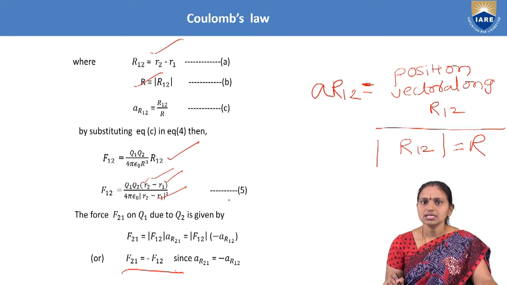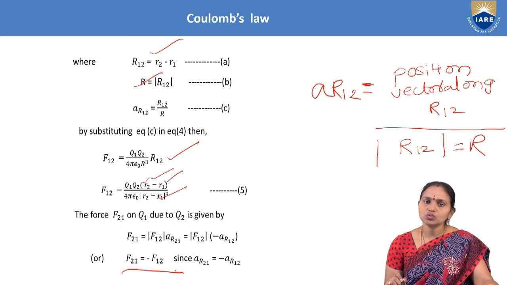In the suffix, the second number represents the destination charge, and the first number represents the source charge. F21 represents the force on charge 1 due to charge 2.